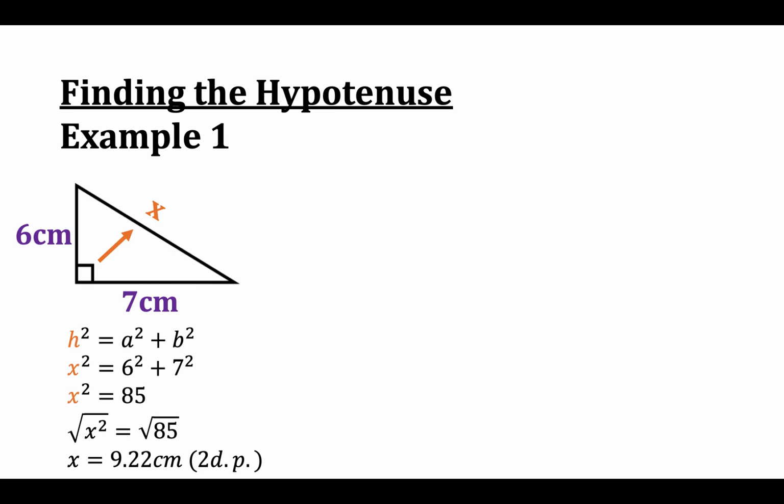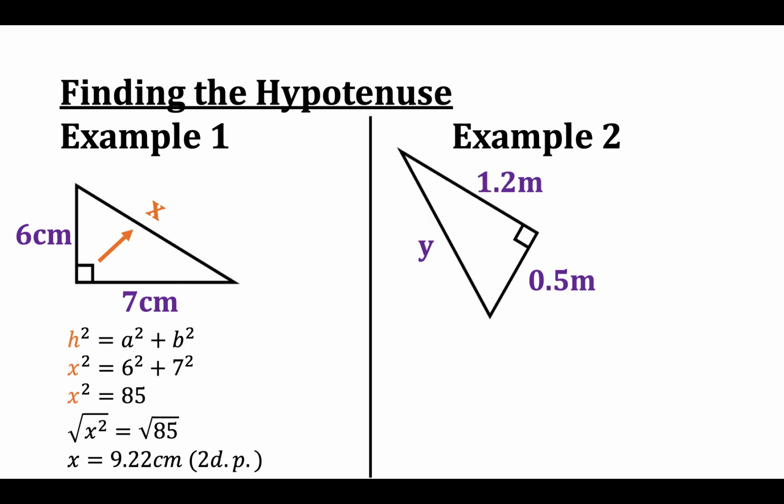Okay, let's look at another example, folks. So we've got example 2. We've got a triangle with lengths y, 1.2 metres and 0.5 metres. So again, the first observation needs to be whether it's a right angle triangle or not. So here it is, so that means we can use Pythagoras' theorem.